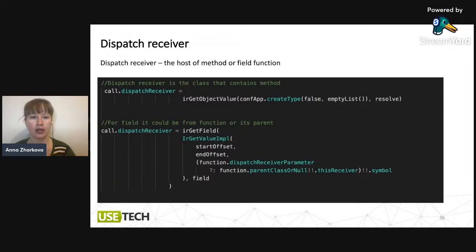Or maybe if there is no receiver for our function, there will be the parent class, and this receiver could be used to call the method. Yes, I understand that it's not really clear, and everyone needs good documentation, but there is a logic to this solution.